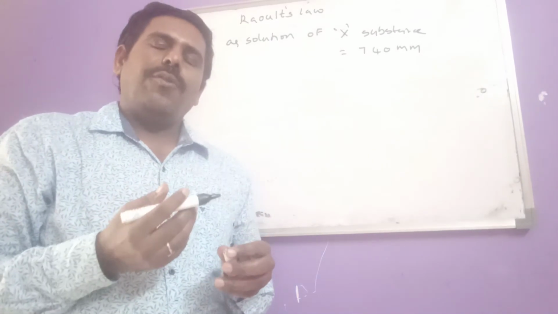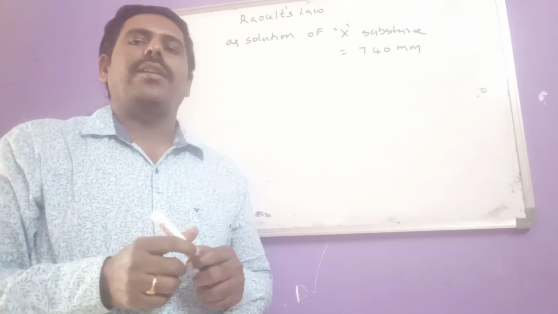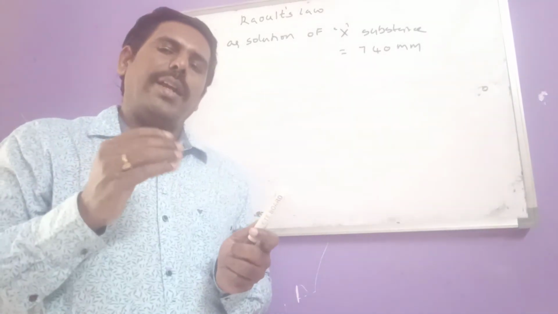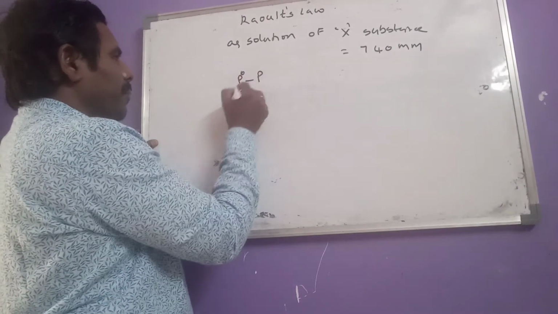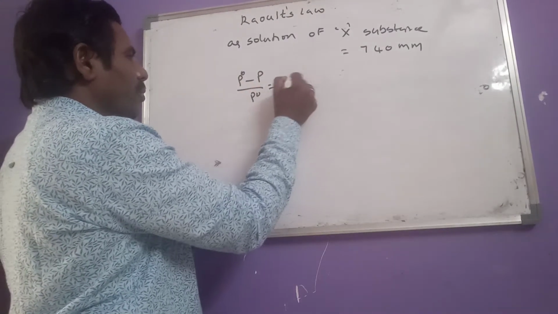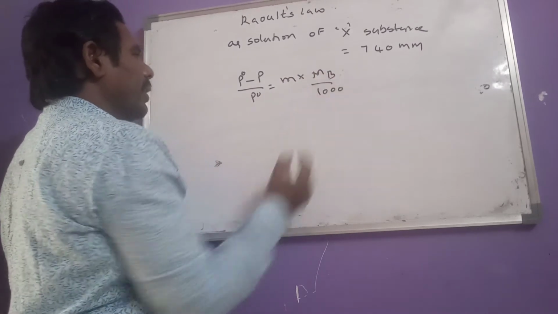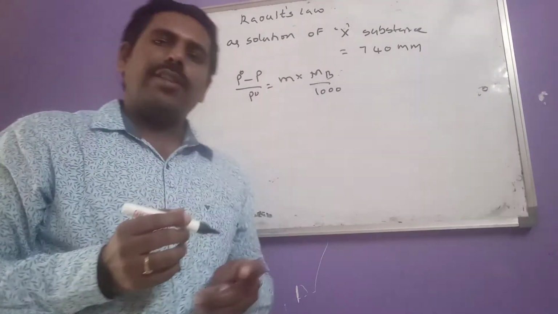Now what is the molality of that solution? So now here what we have to use? P naught minus P by P naught equals to molality into MB by 1000. P naught means, of course they have given aqueous solution.